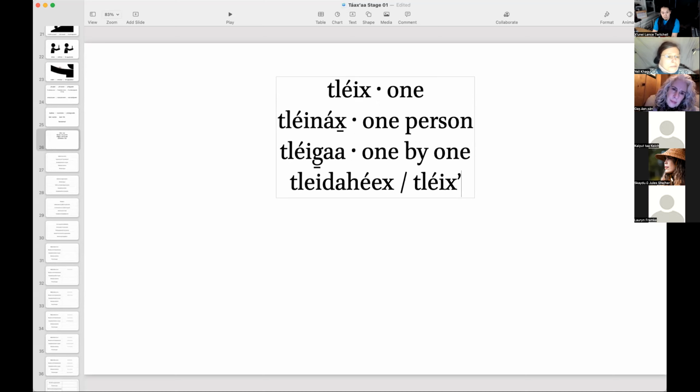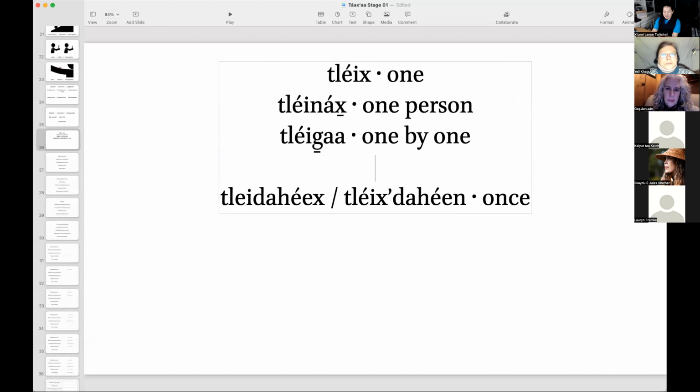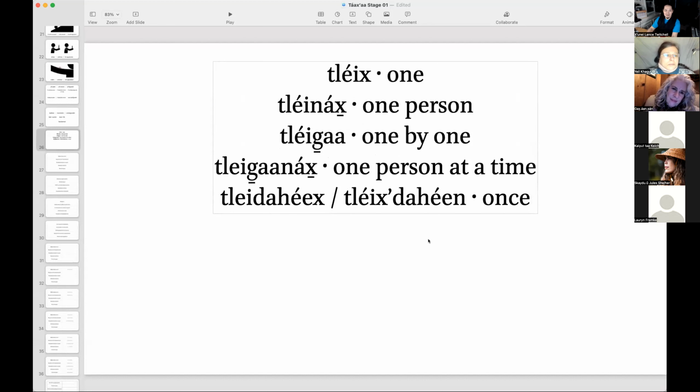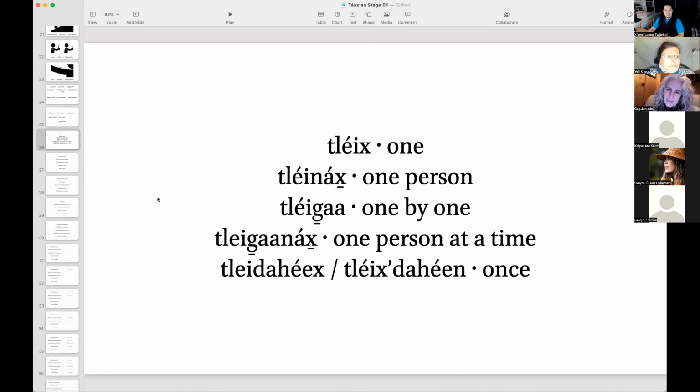I've heard both, and that one is once. We were trying to say we're going to work in pairs, and that would be dachka nach. I took a guess and said, would it be dachnachka? No, dachka nach. So these are the different ways you can count things.